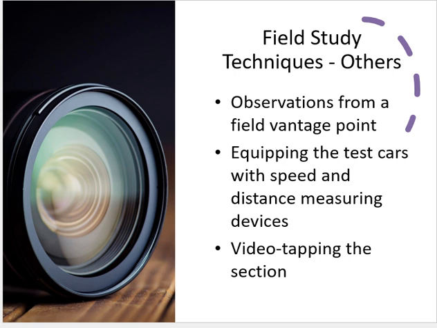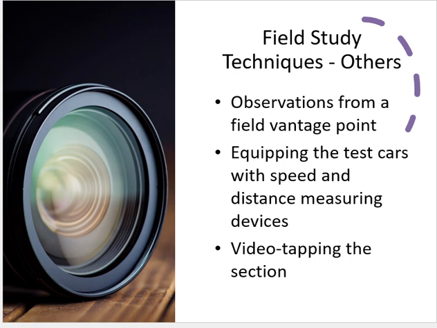Another variation: we discussed the test car method. Instead of having an observer inside the car, you put sensors inside the car which will record the time and speed and distance and everything. The car already has the speedometer and the odometer, but they need to be recorded, so you can put sensors which can record these things.